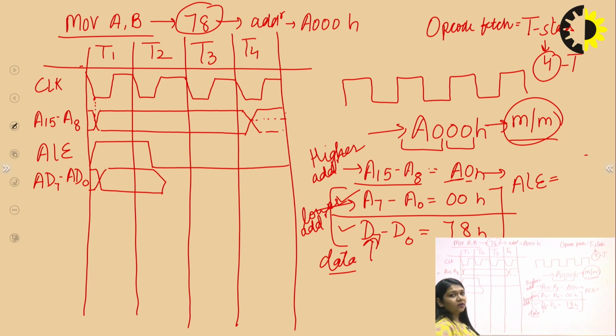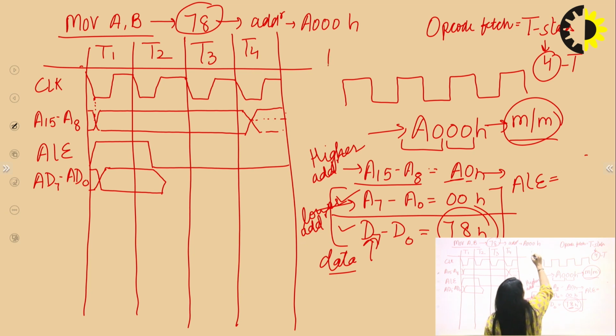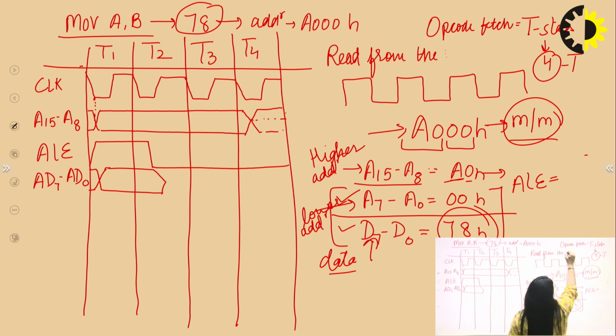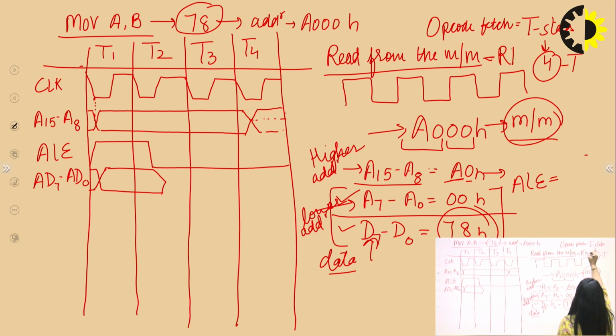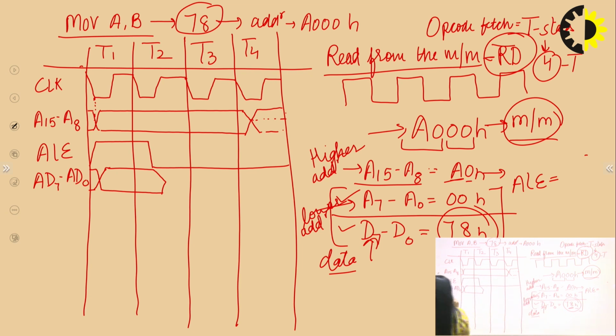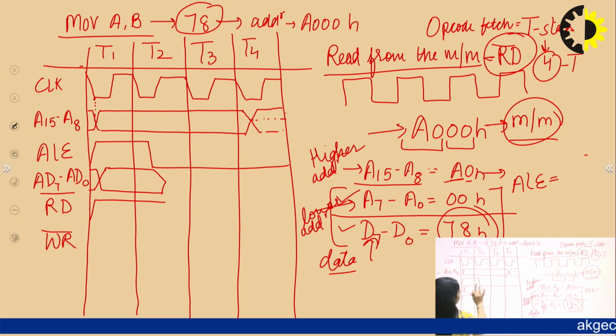Other than that, the opcode will be given. The microprocessor has to read from the memory, so our read bar signal will be activated. Here the address is transferring, so read bar is active high, because at this point reading is not done.